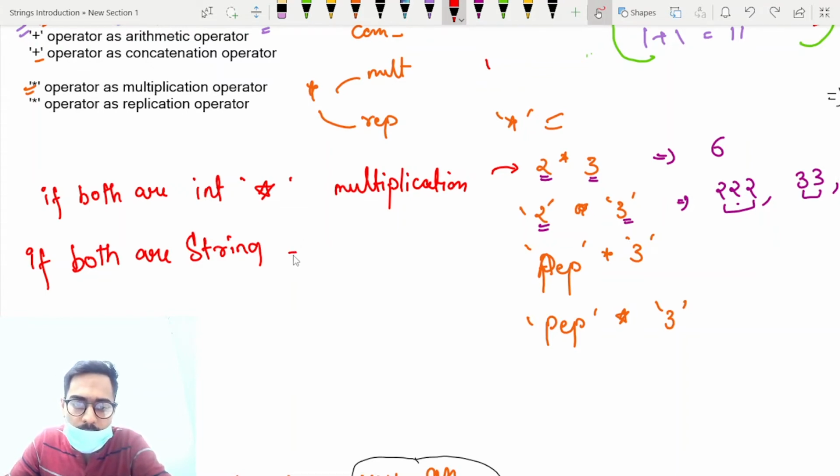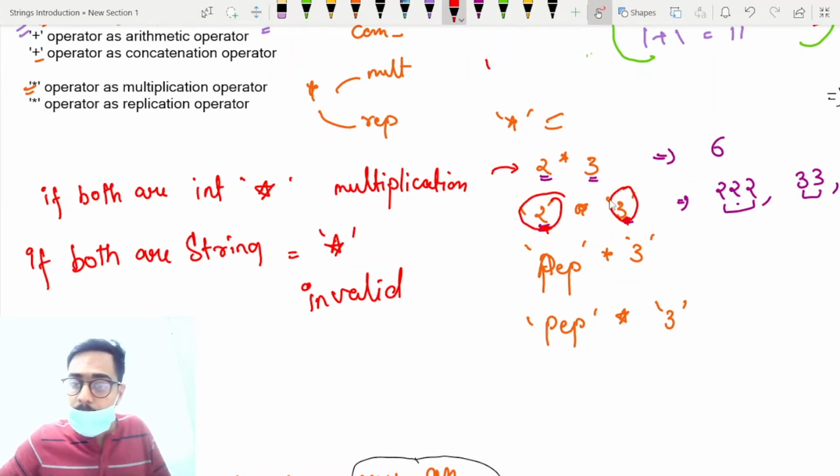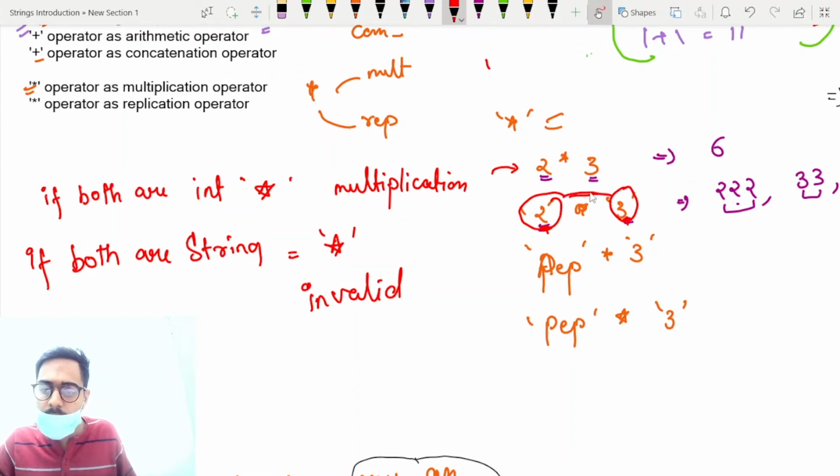That is, if both are strings, then this symbol will give you invalid, because it is really confusing for the compiler to understand whether to repeat the first number x times, or the second number should repeat the first time, and both exist at the same priority. So that's why it gives you an invalid output.